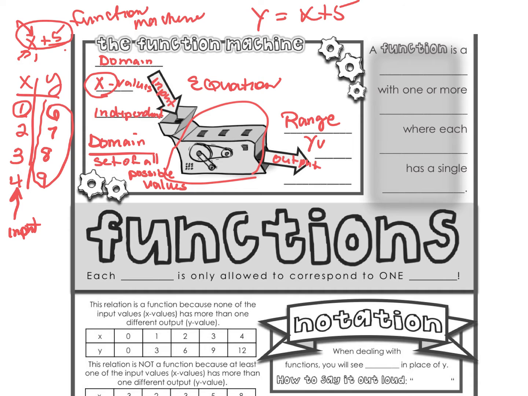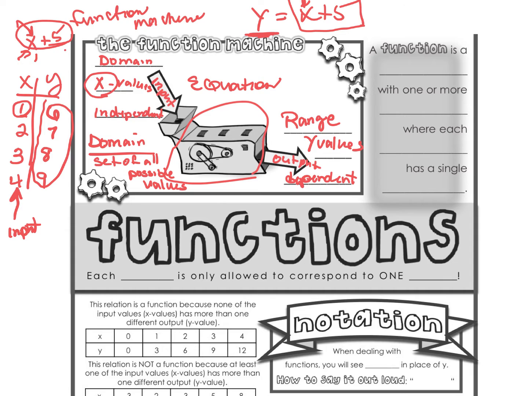They are the y values. And they are dependent, which means what you put in for x can be anything. But what comes out as y depends on what's inside the function machine.